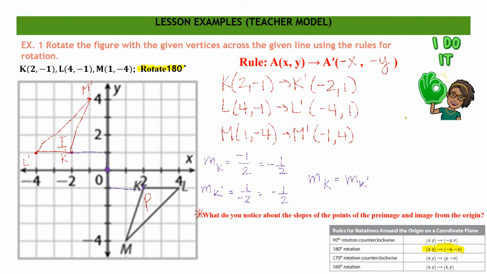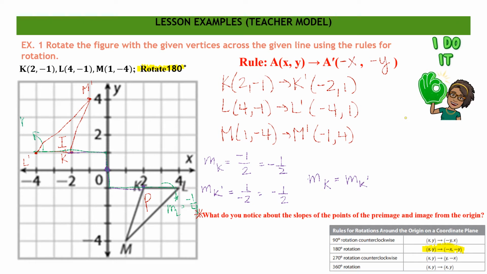So now let's try from the origin to L. L, we went down 1, and then over 1, 2, 3, 4. So that slope right here for L would be negative 1/4. And then for L prime, we went up 1 and then 1, 2, 3, 4.